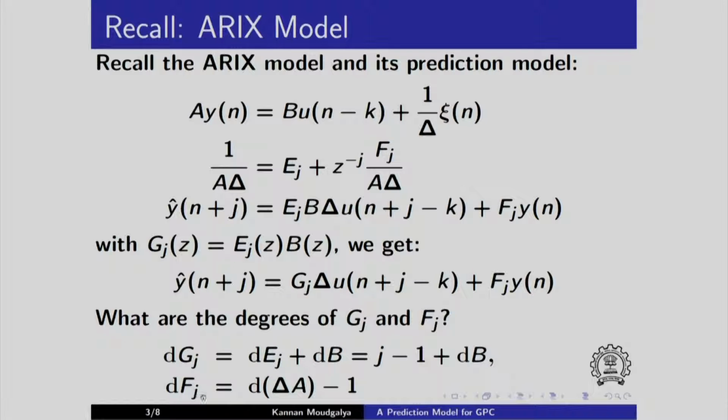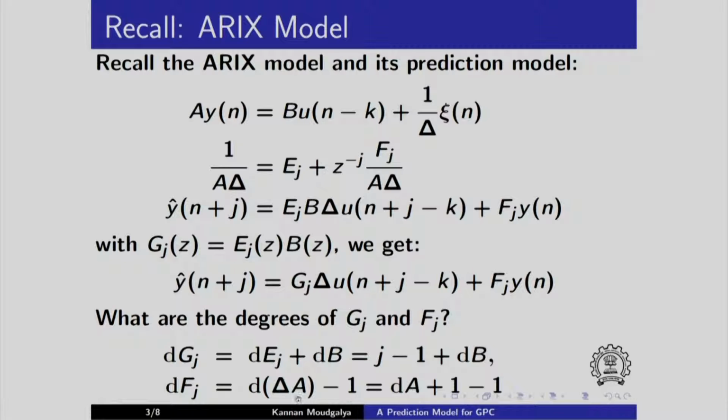and degree of FJ, as a reminder, will always be 1 less than the degree of A delta. So we have degree of A delta minus 1. This information will be useful in the subsequent slides.